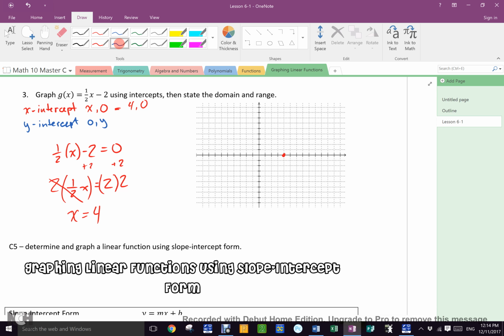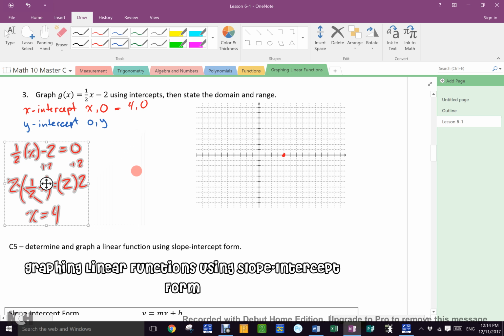What's the y-intercept? What is every single y-intercept? 0y, correct? So y goes in for the output. Y equals 1/2. What's x here? 0 minus 2.